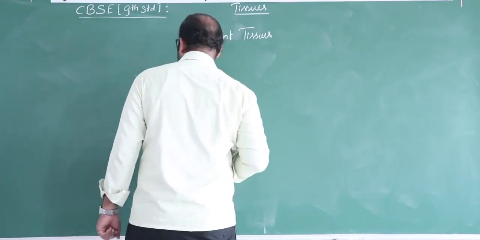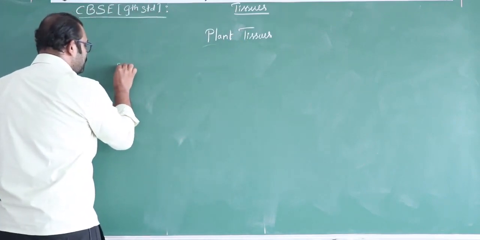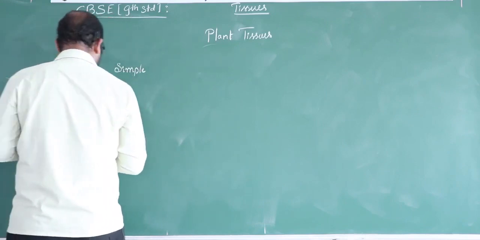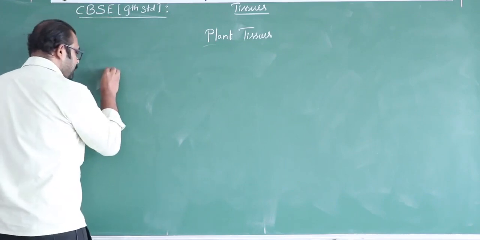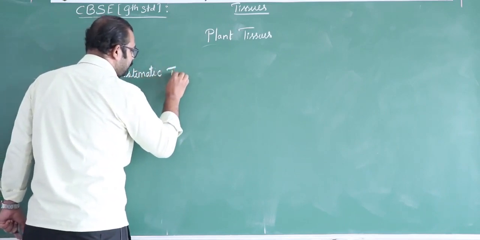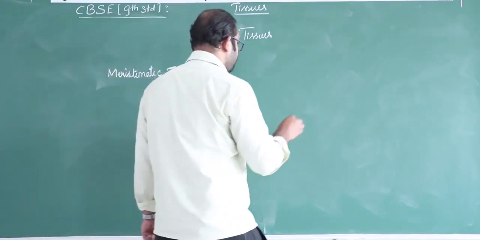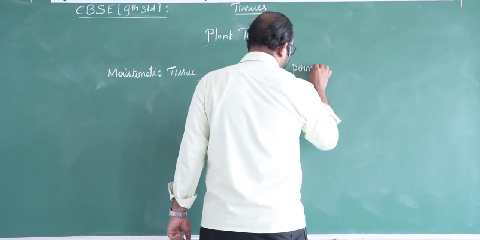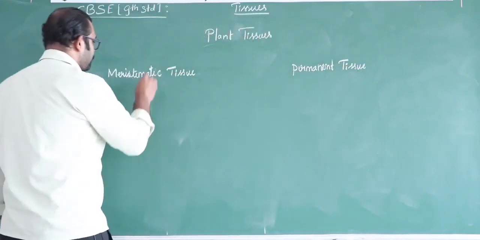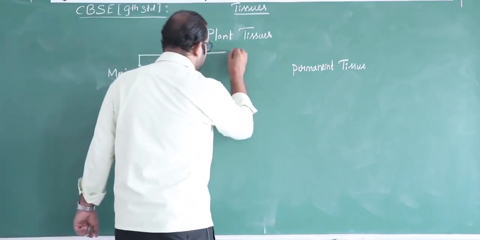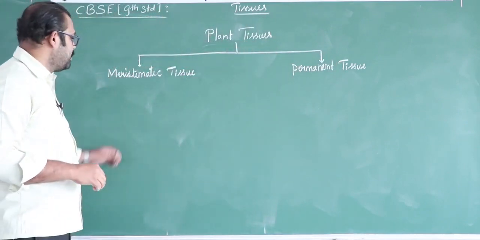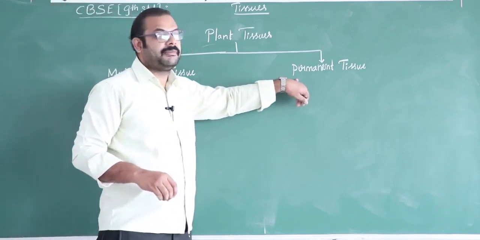Plant tissues are broadly classified into two types: meristematic tissue and another one, permanent tissue.